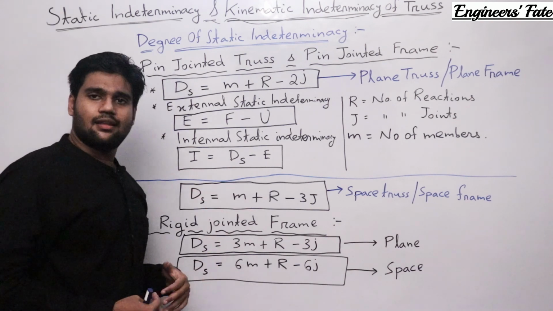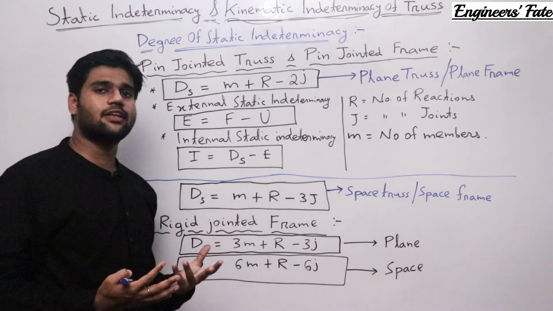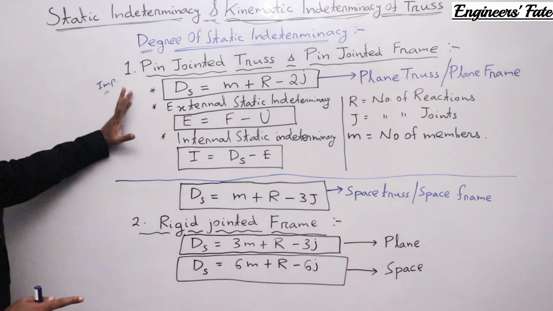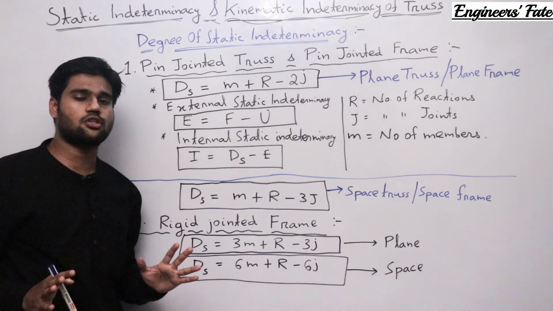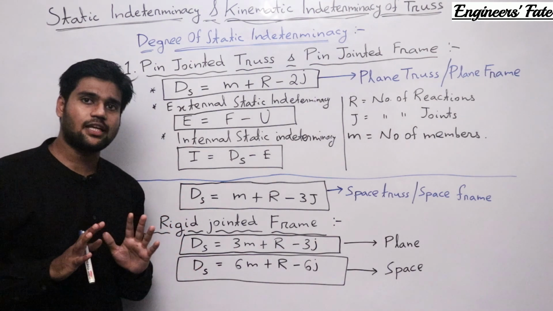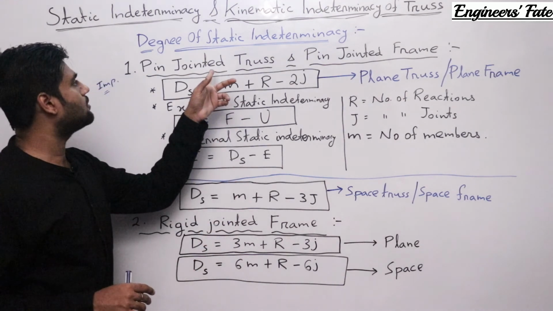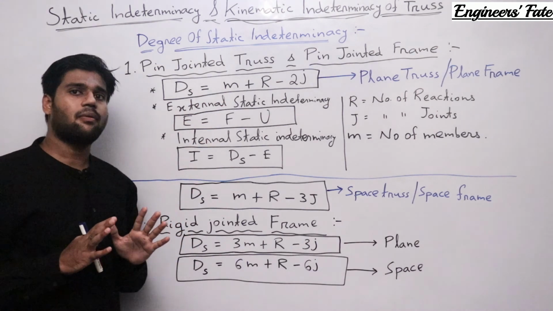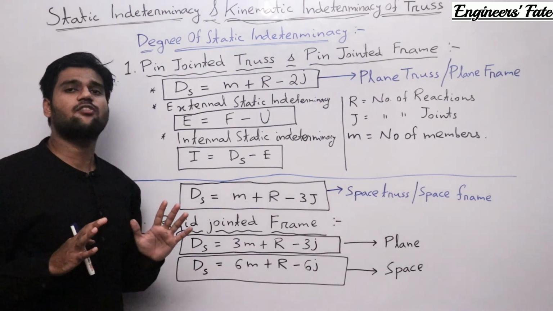I have written this to make things simpler while solving GATE questions, so it will be clearer to you. This first part is very important, and if nothing is mentioned in the question, just look at the diagram and assume the first condition, that is for a pin jointed truss, plane truss, or pin jointed frame, plane frame.